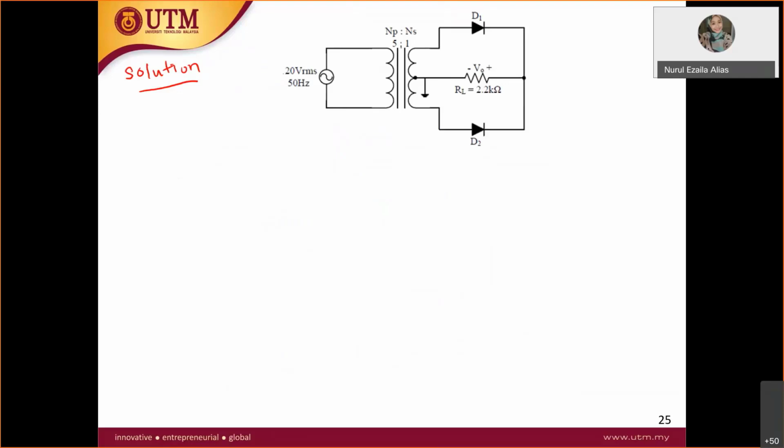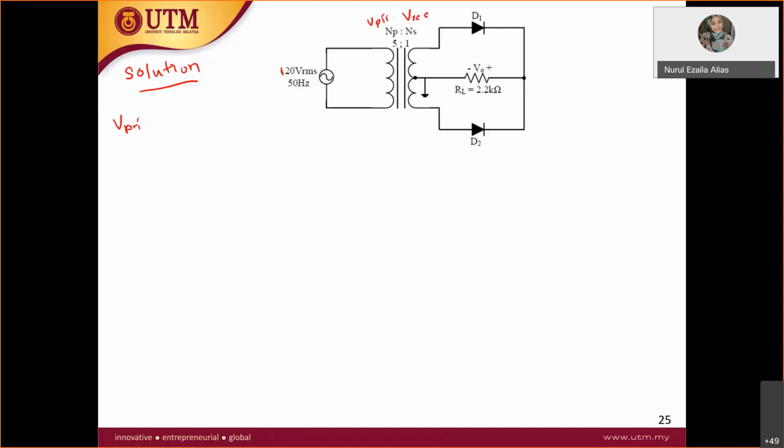You know that this is 120 volt RMS. First thing first, you have to convert your V RMS into peak. This is your V primary, and this is your V secondary. Now I want to convert V primary into peak.